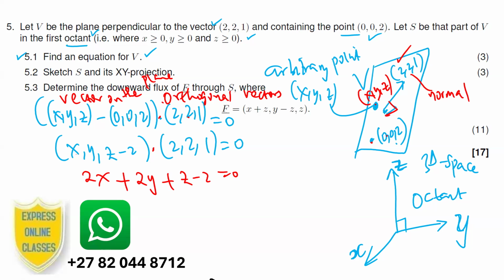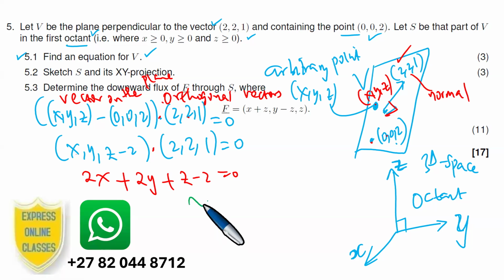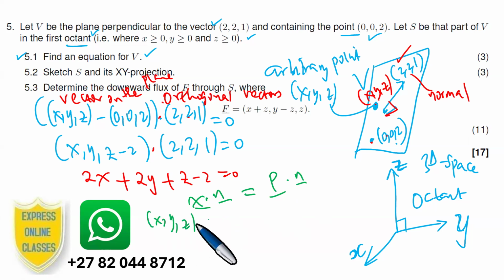But it's not the only way to find the equation of the plane. How else can you find the equation of the plane? We can find the equation of the plane like this, or we can use our old techniques. We can use x dot normal is p dot n, which is x, y, z. The normal is 2, 2, 1.